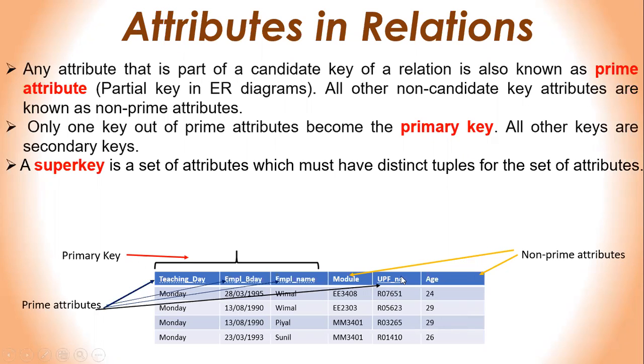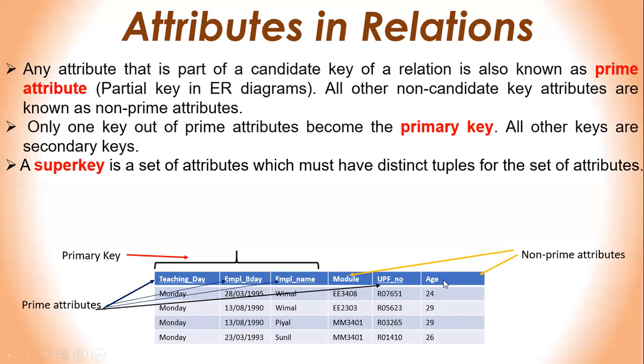So that means a key and another non-prime attribute, if you combine them, then those tuples will also be distinct. Those records, or in other terms, those rows will also have distinct values.